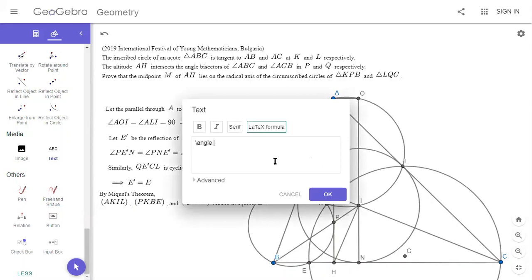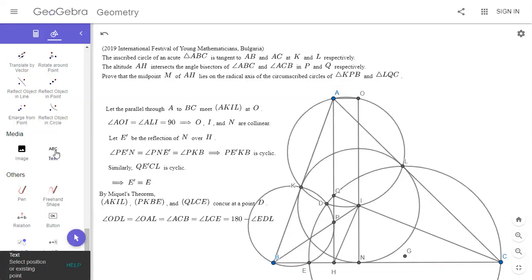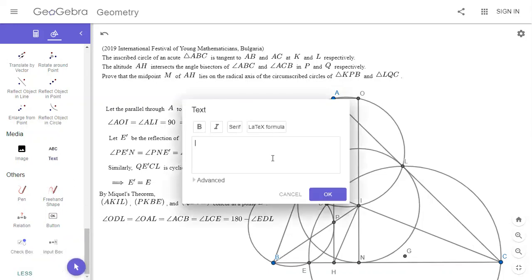Okay, so angle ODL is equal to angle OAL is equal to angle ACB, which equals 180 minus EDL. Okay, this implies that O, D, E are collinear. So that means that O, D, and E are collinear.